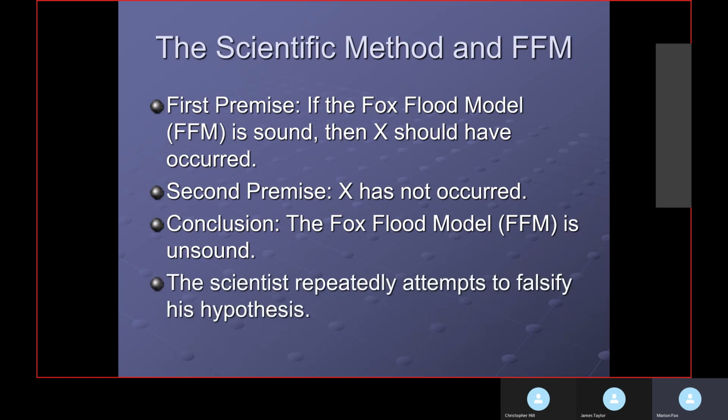That's exactly how science works. They take a hypothesis and then they try to disprove it over and over by testing. And each time they fail to disprove it, they show a stronger probability that it's right. But they never absolutely prove it to be true with science. That's the way it works. He repeatedly attempts to falsify his hypothesis if he's truly following the scientific method.